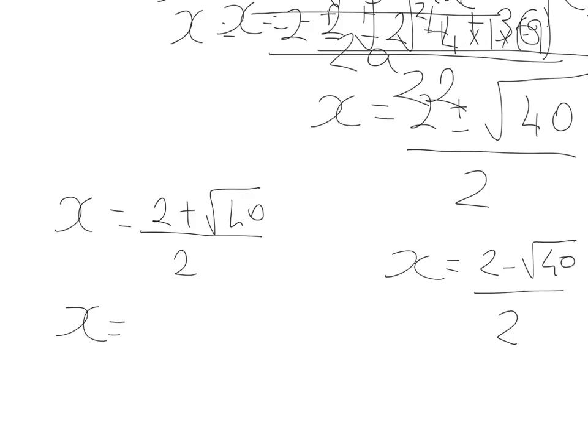So to one decimal place, minus 2 plus root 40 divided by 2, that's 2.2. And this side, minus 2 minus root 40 over 2, that's minus 4.2. That's the end of the question.